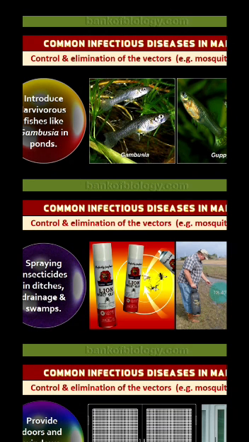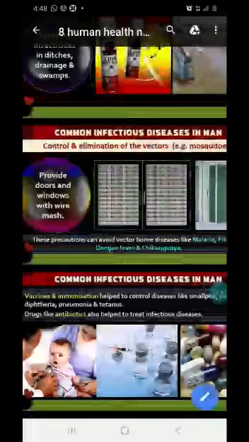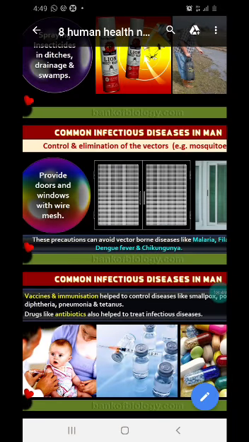Also spraying insecticides in ditches, drainage, and swamps. We can also provide doors and windows with wire mesh, which will prevent mosquitoes from entering our house. These were the general means of preventing diseases.